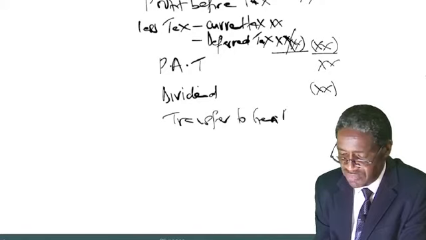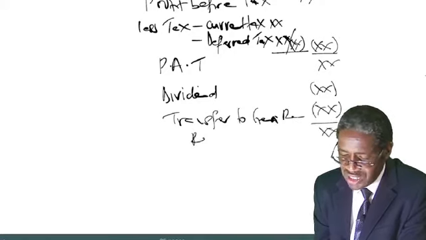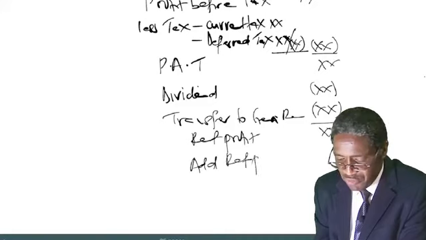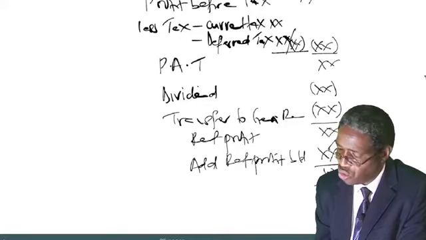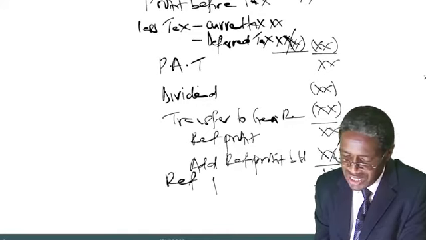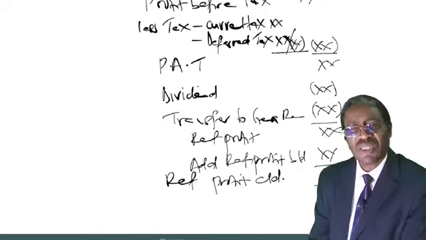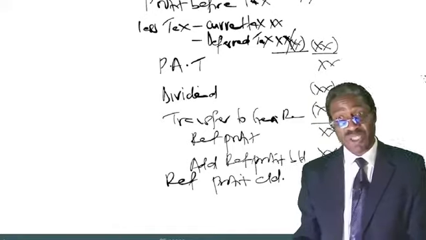You had to get what you used to call retained profit for the year. You had to add retained profit brought down. Then you had to get retained profit carried down. That's how you used to do it in financial accounting.